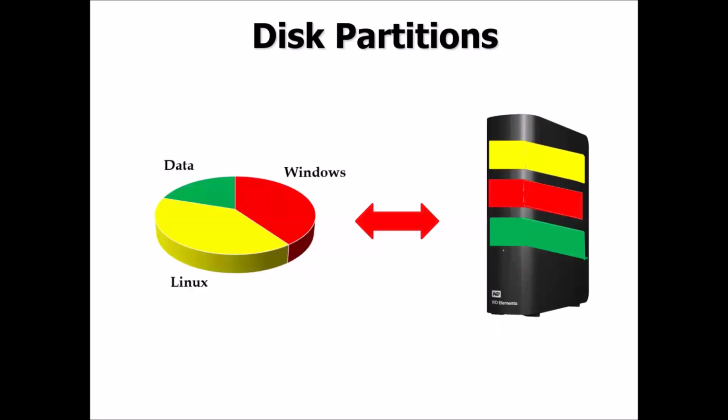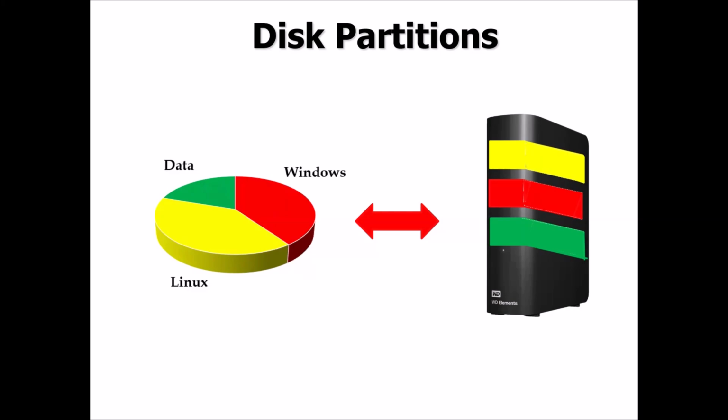I talked about disk partitions, and if you're a Linux user, then you may be in a dual boot mode. This is the way I use all my computers. They originally came with Windows. I leave the Windows where it is, but then I partition the hard drive and install Linux on a second partition. So then I can boot either Windows or Linux.